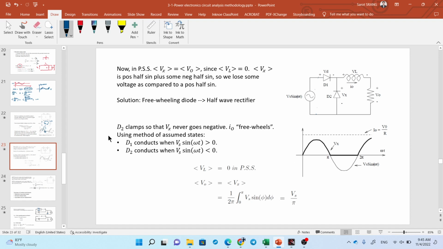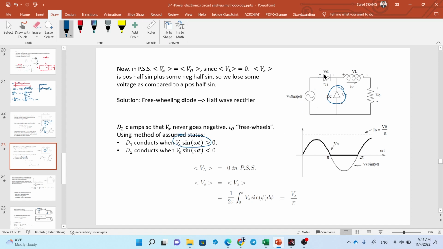Then this is the summary of what happens. D2, which is this one, clamps so that VH never goes negative, right? Using the method of assumed state, D1 conducts when the sine wave from the source is positive.